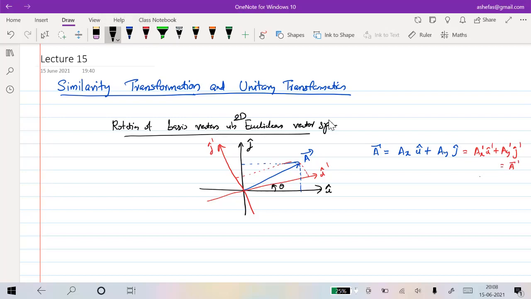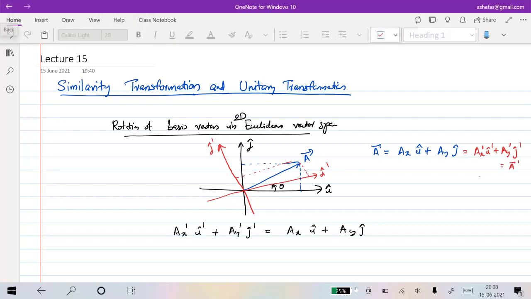Anyhow, we can write Ax prime i prime plus Ay prime j prime equal to Ax i plus Ay j. Now we can take the dot product with i prime. We'll get Ax prime, since i prime dot i prime is 1. That would be Ax prime.